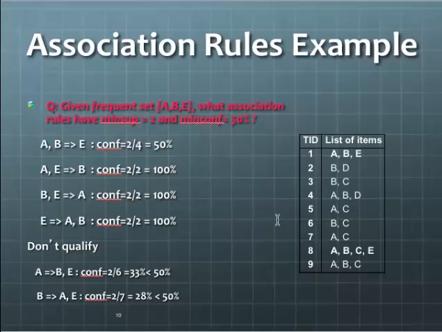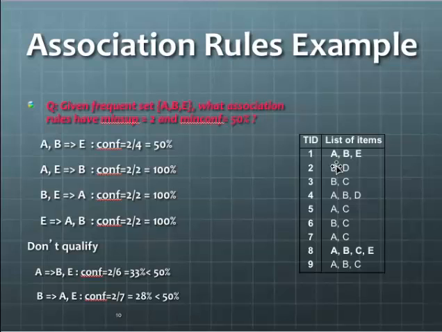And then we divide by the count of the body of the rule appearing alone in the data set, which for this rule is A and B. So we calculate the number of times that A and B appeared together in this data set. You can see that in transaction 1, transaction 4, transaction 8, and transaction 9, A and B appeared together. So it equals 4.